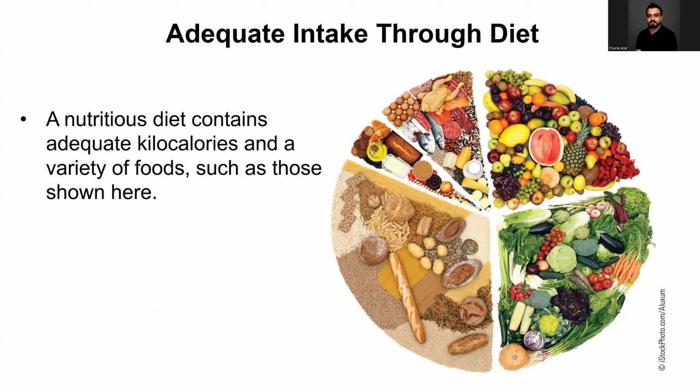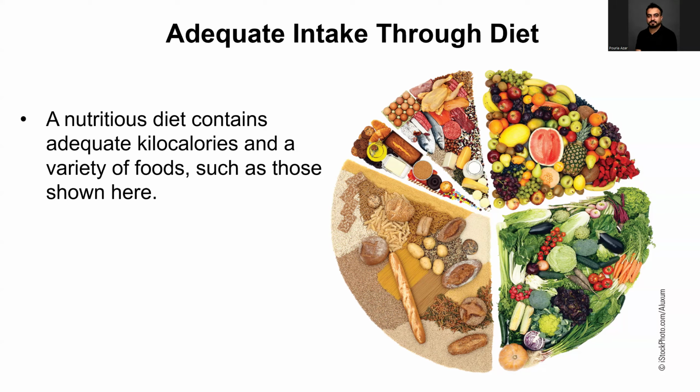This is the last and the most important point of this chapter. Consuming a nutritious, nutrient-dense diet that contains adequate energy and a variety of foods from different food groups like grains, proteins, vegetables, fruits.